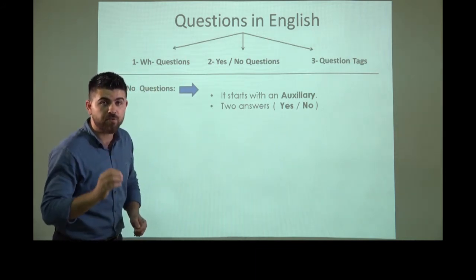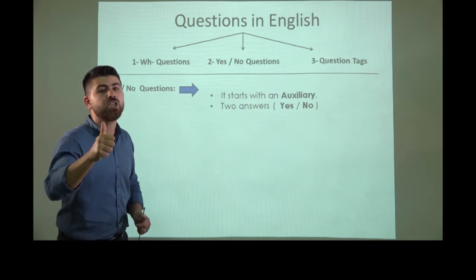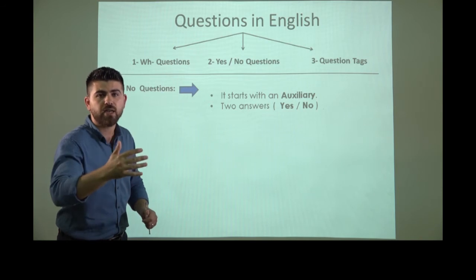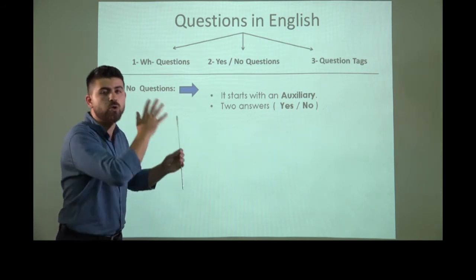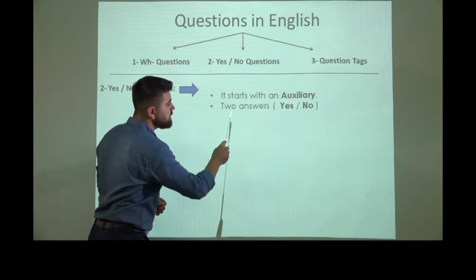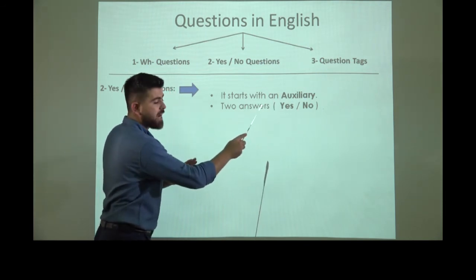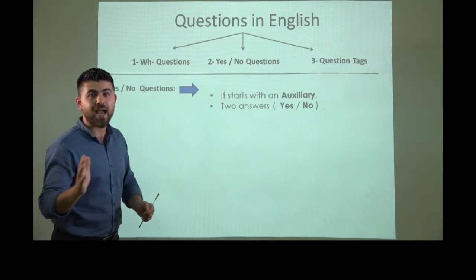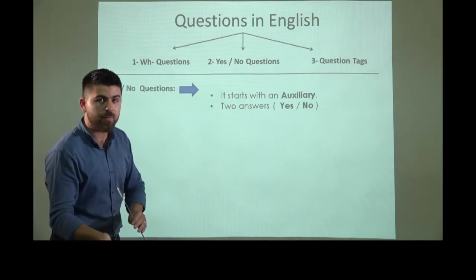Auxiliary, helping verb, فعل مساعد. يبدأ بفعل مساعد دائما وأبدا. يكون إما is, am, are, was, were, has, have, had, and so on. 2 answers are correct. Either yes or no. إما أن يكون جوابه إما yes وإما no.